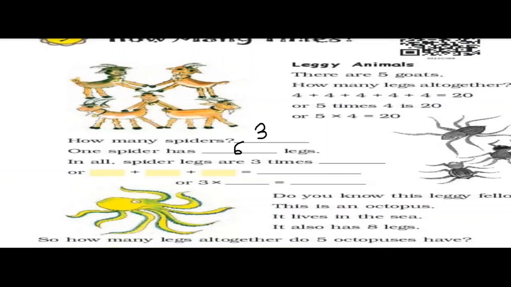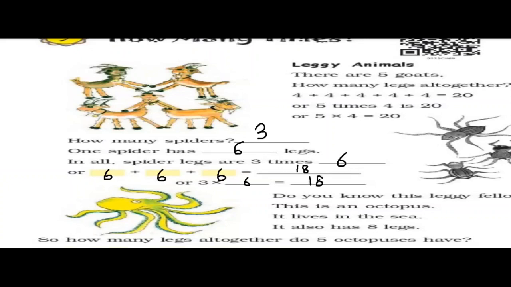In all, spider legs are 3 times. So there are 3 spiders. So there are how many legs? 6 legs. So 3 times 6. So you can write 6 plus 6 plus 6. So 6 plus 6 plus 6 is 18. Or you can simply write 3 into 6 equals to 18.